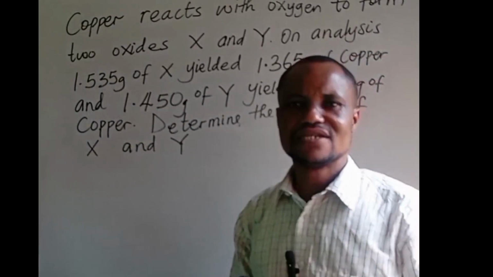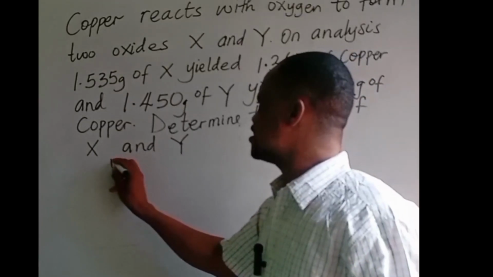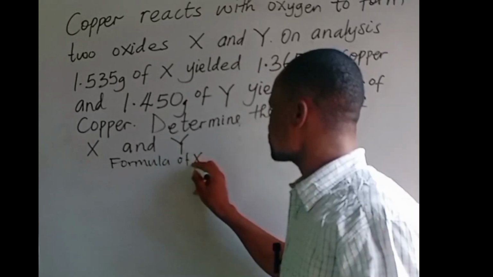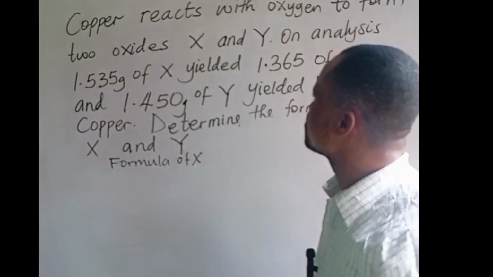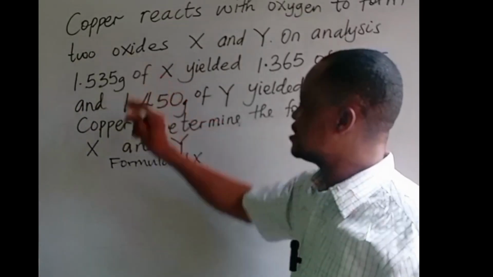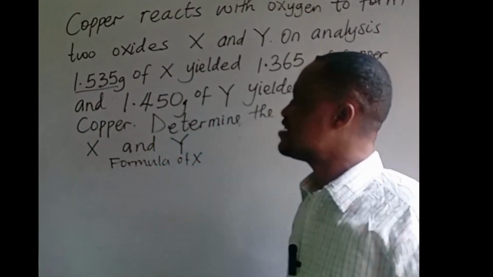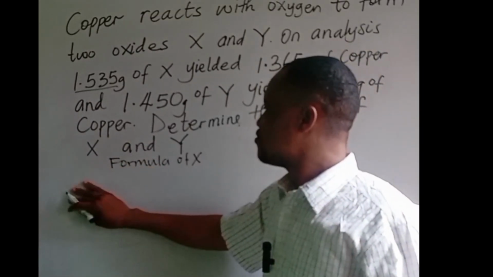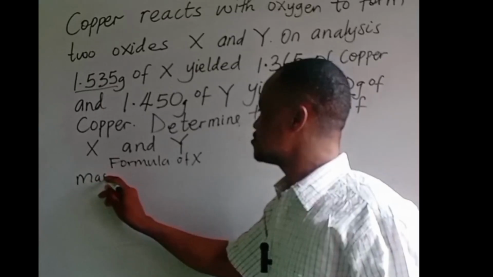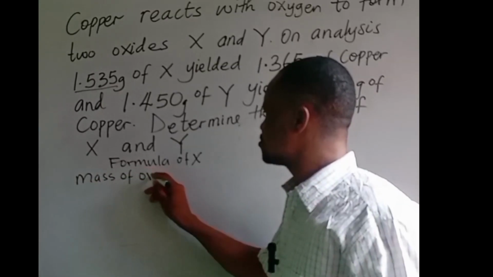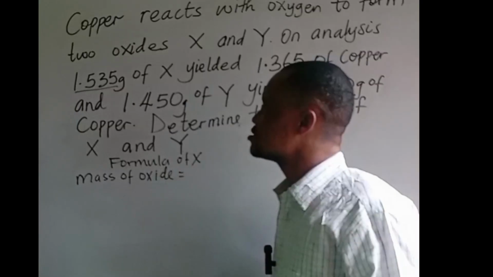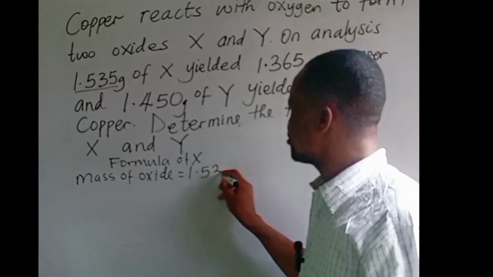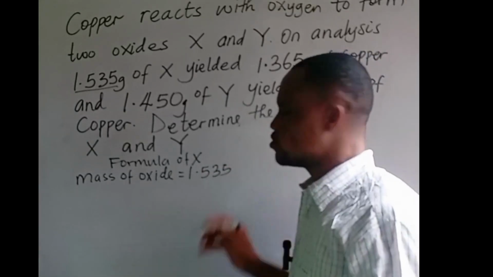How do we determine the formula of X? For us to find the formula of X, the first thing we need to do is, we know the mass of the oxide. The mass of the oxide is 1.535. Okay?